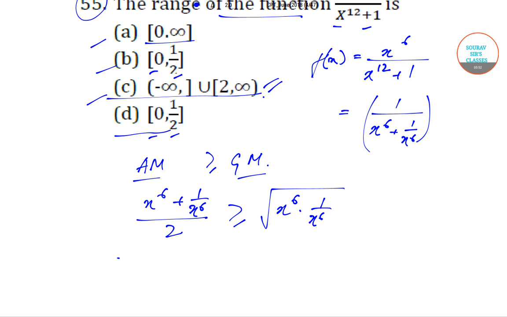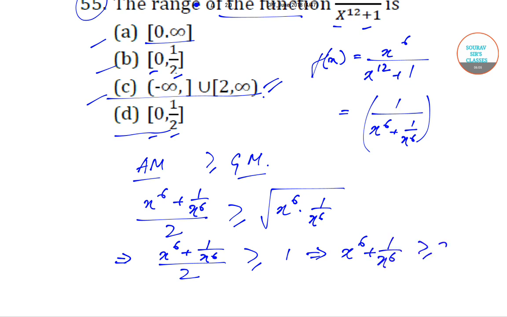So this will give us x to the power 6 plus 1 by x to the power 6 by 2 will be greater than equal to 1, which will ultimately give us that x to the power 6 plus 1 by x to the power 6 is greater than equal to 2. So this is the value.